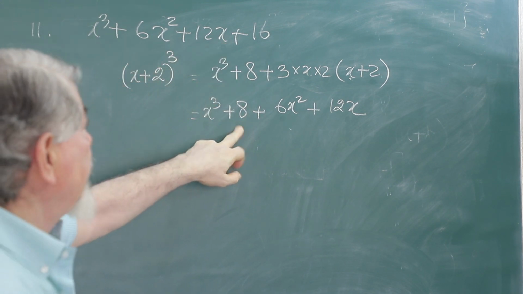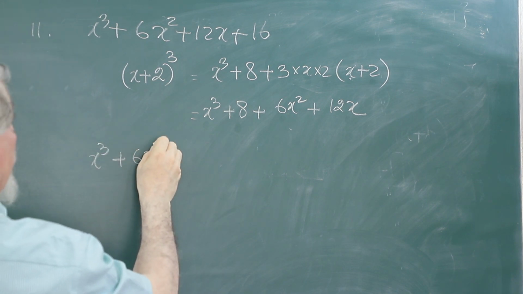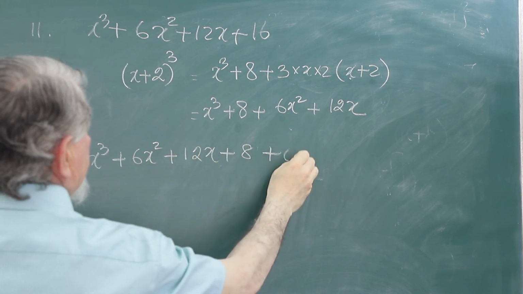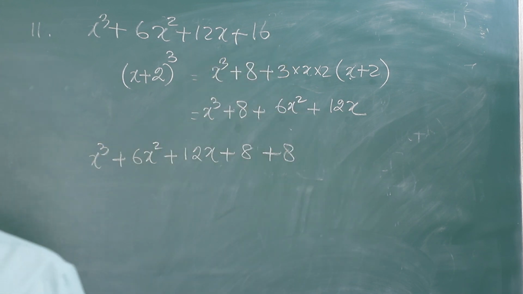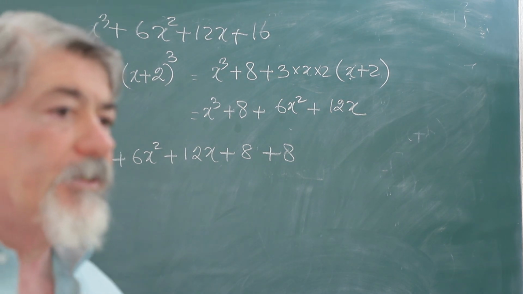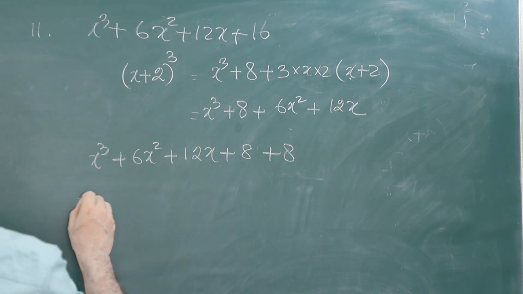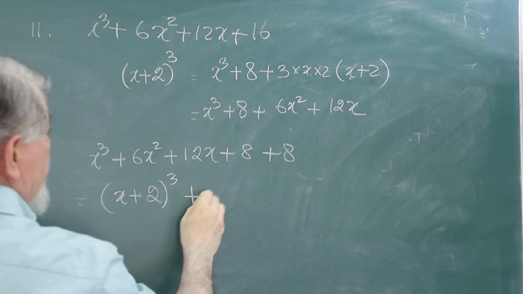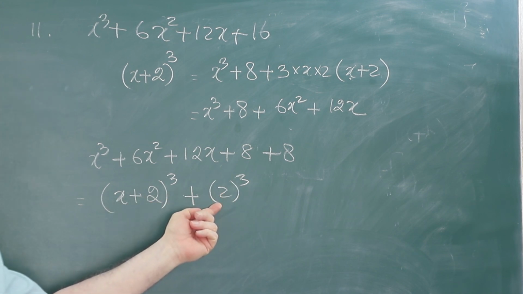I am getting 8. So what I can do is x cube plus 6x square plus 12x plus 8 plus 8. I have bifurcated 16 into two parts, 8 and 8. Now it is x plus 2 to the power 3 plus 2 to the power 3, a plus b whole cube plus b cube.